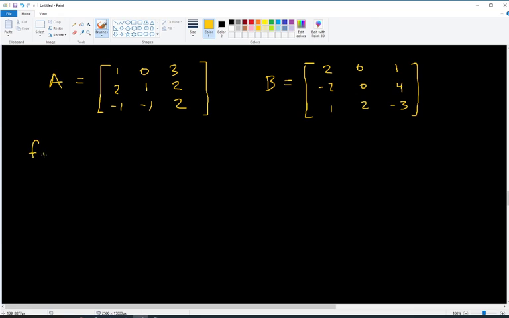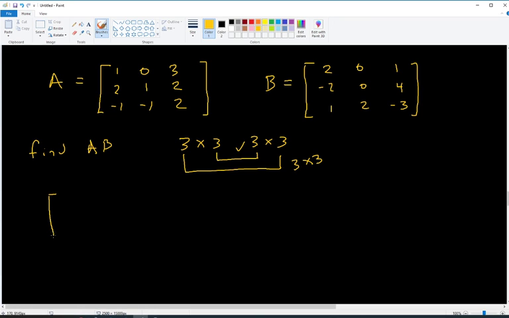So we want to find A times B. A is a 3 by 3, B is also a 3 by 3. The middle numbers match, and the outer numbers tell me I'm going to get a 3 by 3 back.